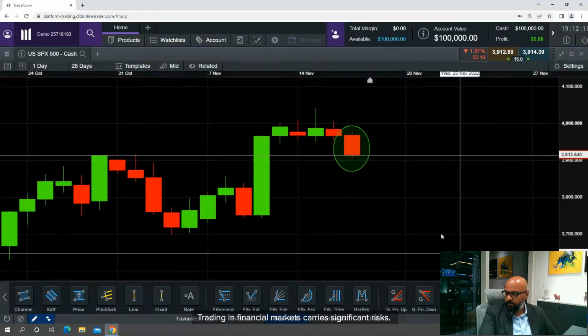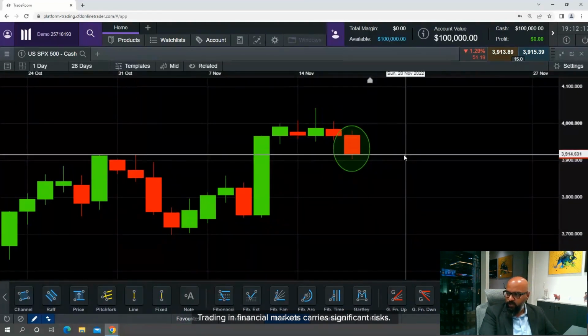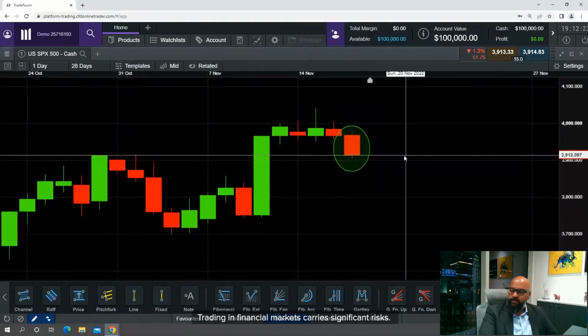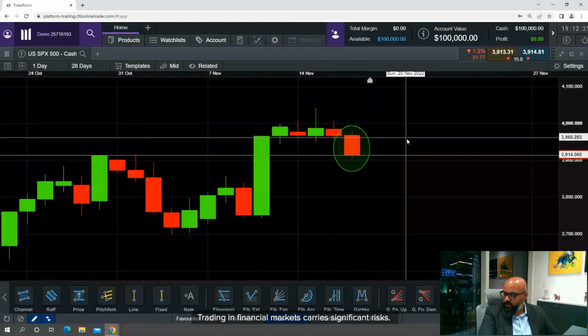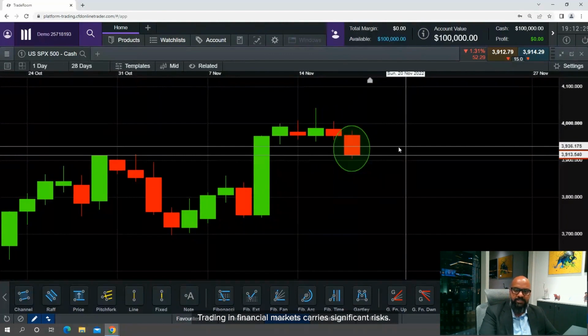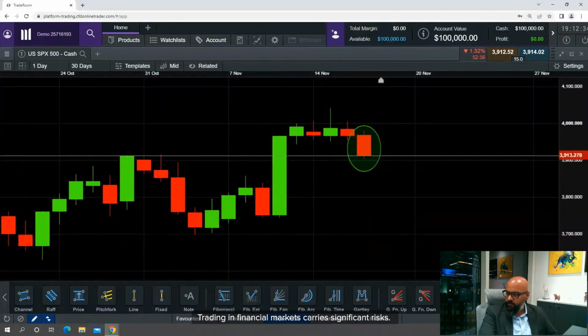SPX opened at 3966 roughly, and currently it is trading lower at 3913. So it's trading almost $50 to $60 lower than where it has opened, and hence it is a red candle.